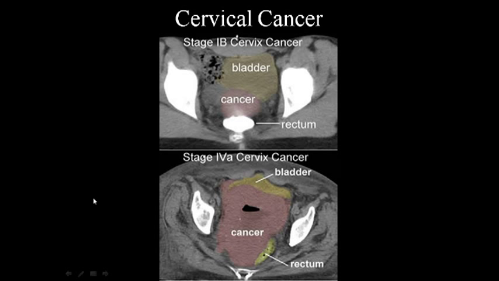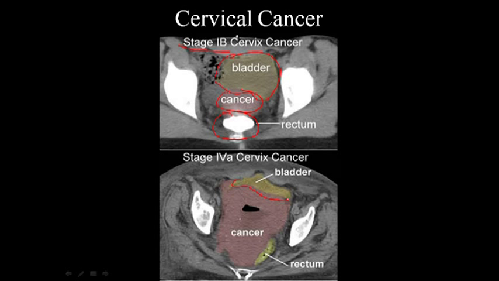So here we have pretty much the rectum here, the bladder being highlighted in yellow as this area, and then we have the small region of cancer. And so this is stage 1B, so a relatively small stage, pretty much indistinguishable.